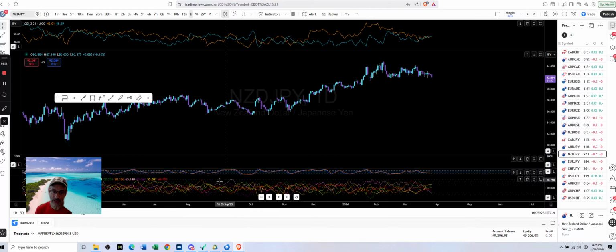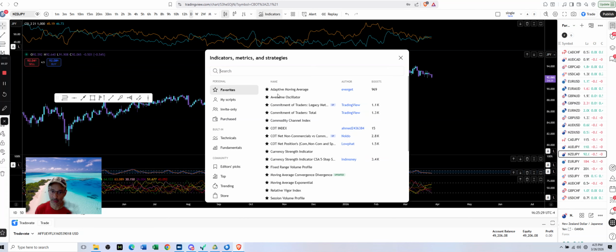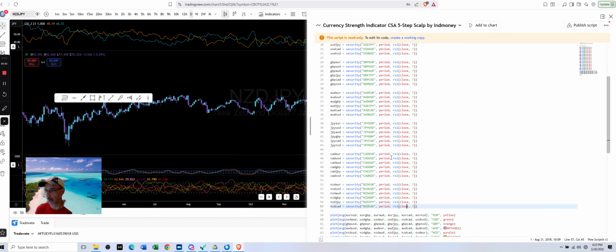I mentioned yesterday that I took this indicator, which is made by whoever this person is, LND Money. It's currency strength indicator CSI 5-step something something. I'm assuming it's a him, could be a her, I don't want to call him something that he's not.